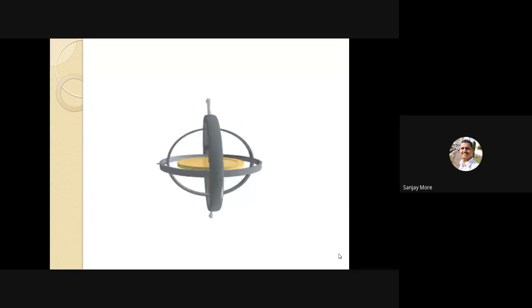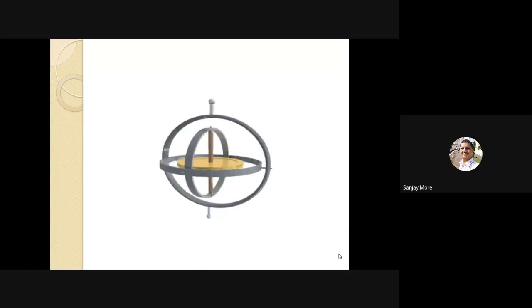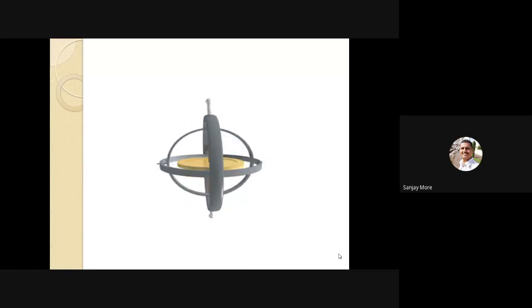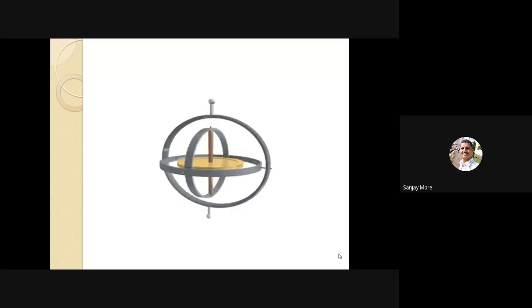So see the working of gyroscope. Central axis is there and 3 rotating circular ribs are there.